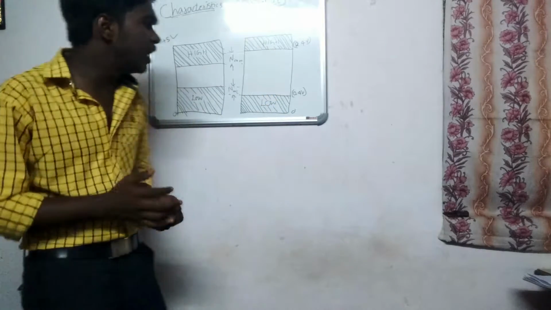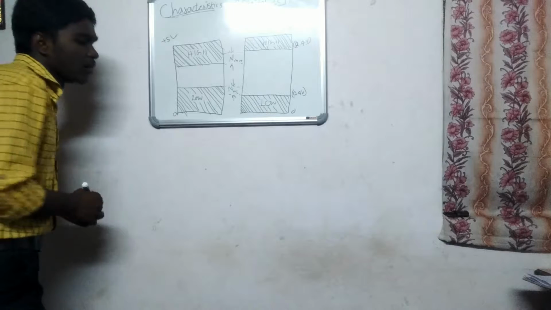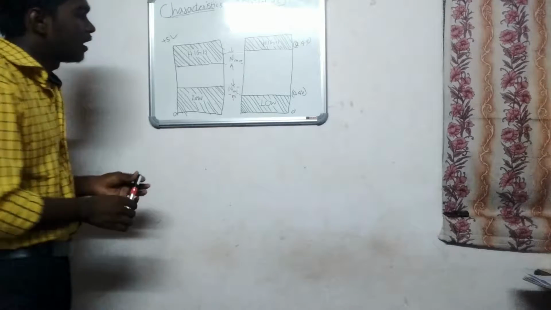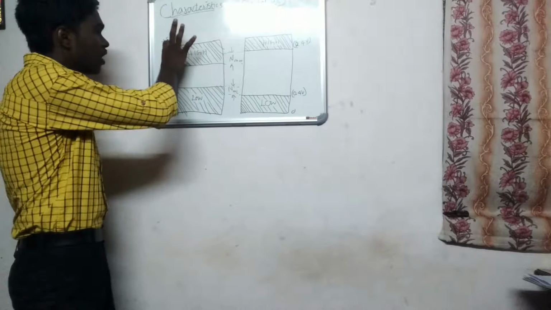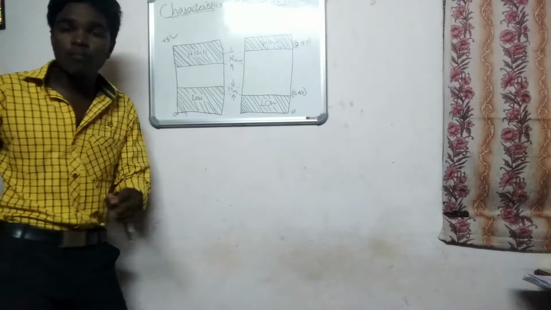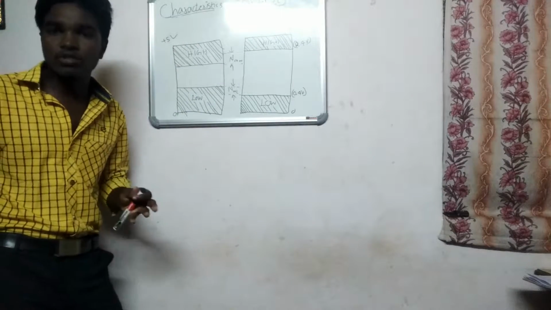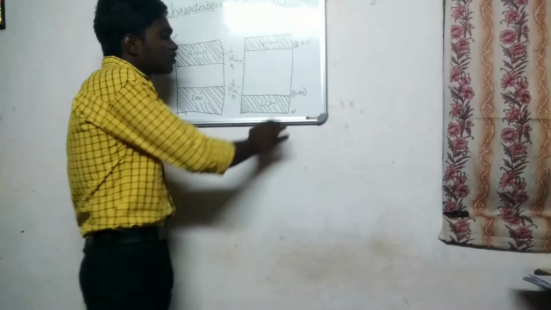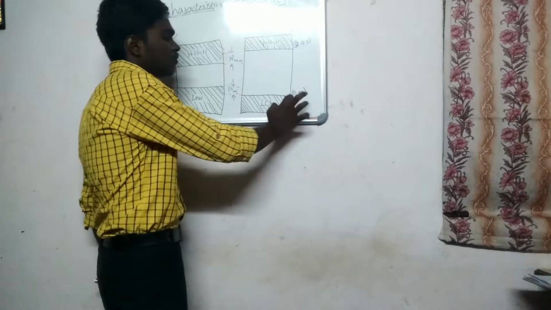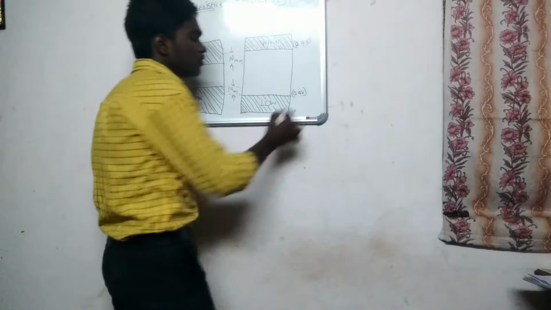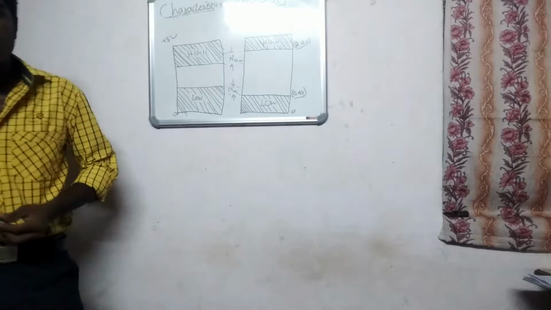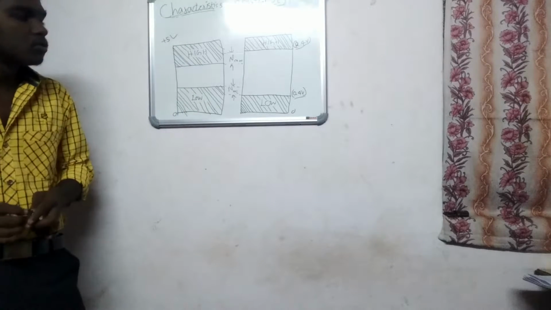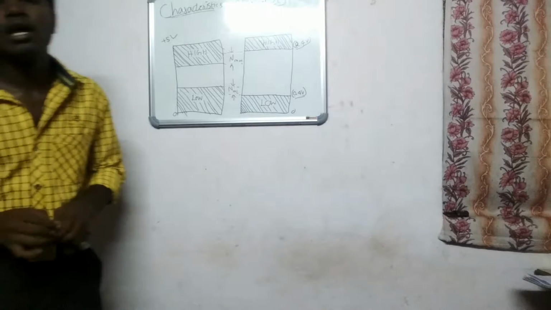Let us see in this diagram. You can see clearly this is the actual logic low value and this is the logic high value. Due to some voltage drops, the values may change. The low voltage is only up to 0.4 volts, and the high voltage starts from 2.4 volts.